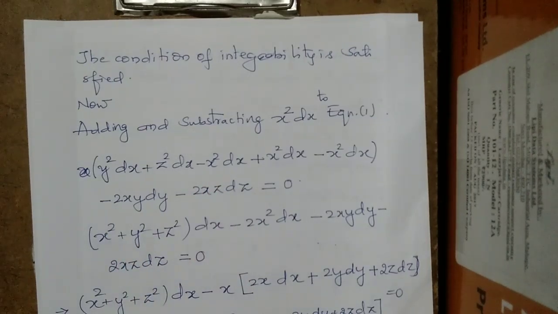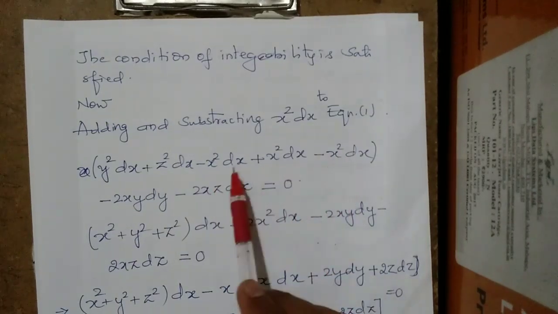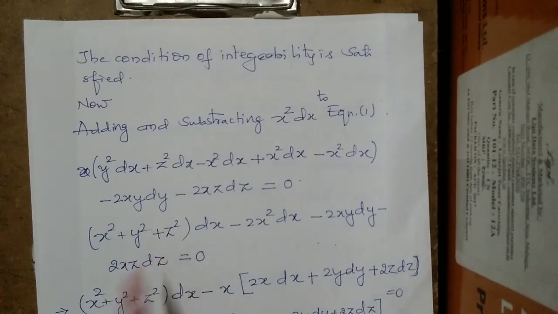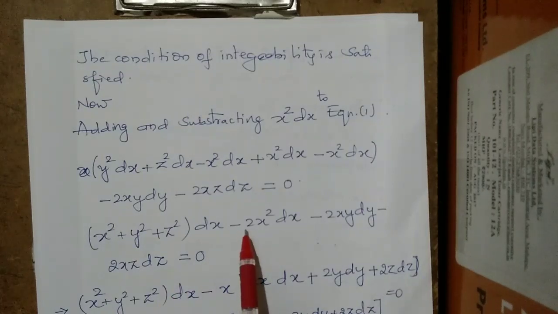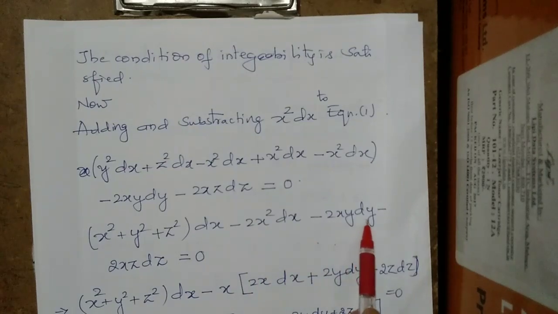So whenever one x square term gets cancelled, we can make it 2x square dx, right? So that's why we have to arrange that like this. Then we'll get the remaining things here. 2x square will be there, just an arrangement. 2x square is there and 2xy dy is there, 2xz dz is there.